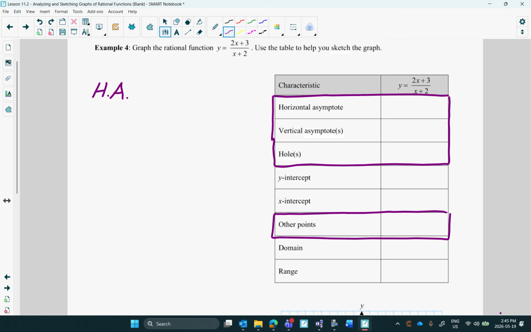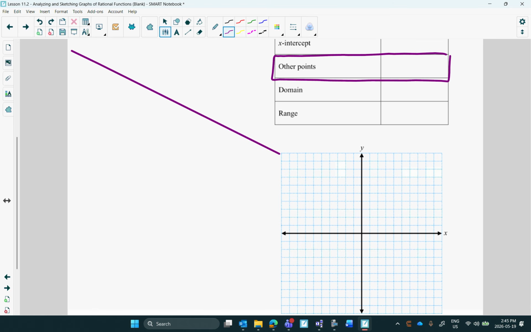That's where we do degree, degree. Because the degrees are the same, I divide the numbers in front, 2 over 1, so y equals 2. So right away, I've got this, and that's going to give you something right away.